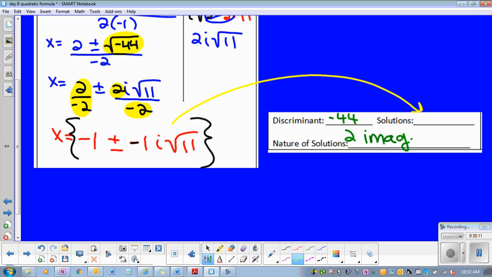But if you clearly label your solutions, you don't have to copy it over, okay? Or you could draw an arrow, that's fine. Any questions? Not so bad, right?